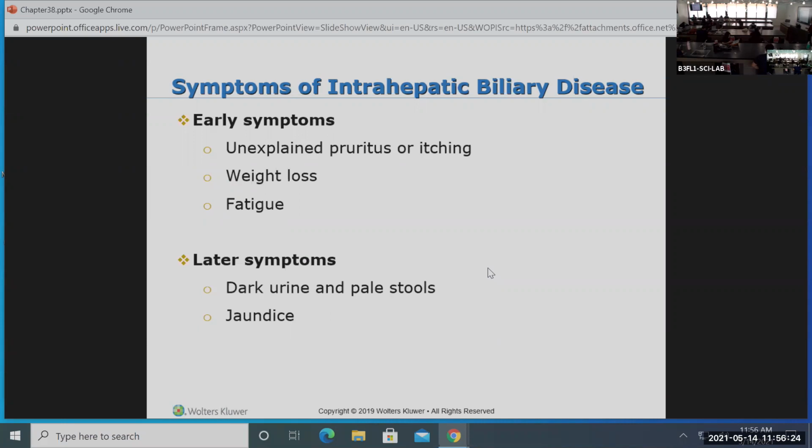Some people used to smoke, now they don't have the taste for smoke. I don't like to smoke. Something is going on in my body. Now later symptoms: dark urine and pale stool. And now it becomes obvious on my body, on my skin.